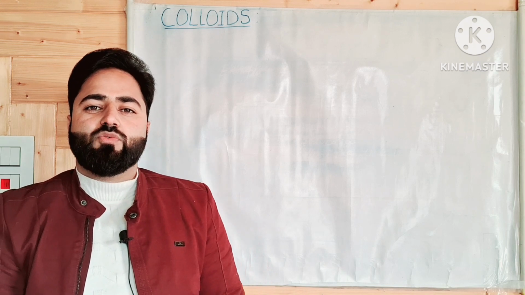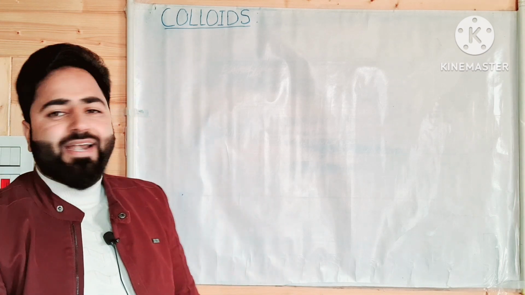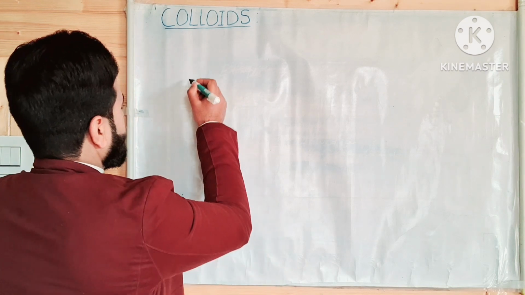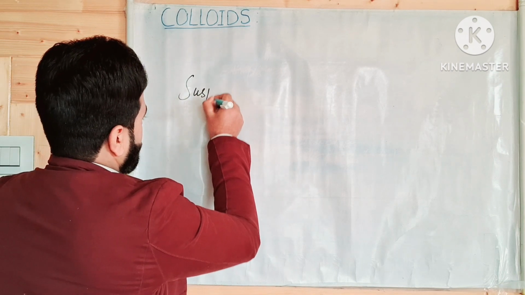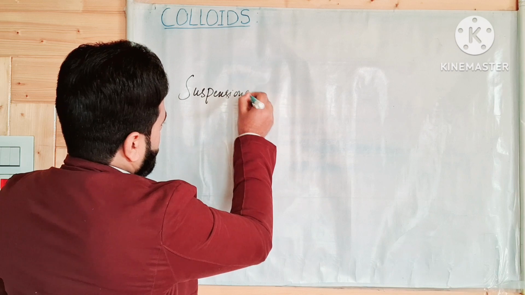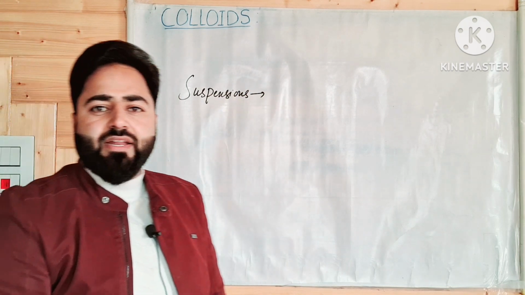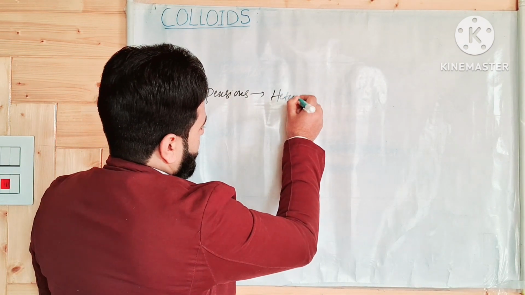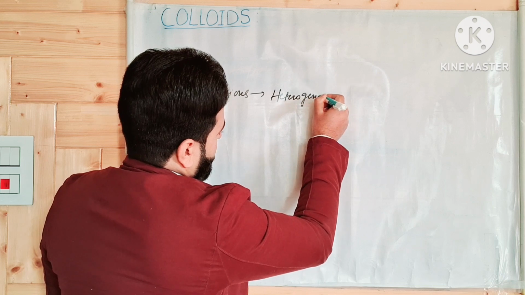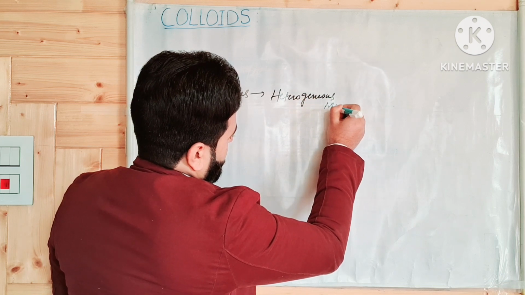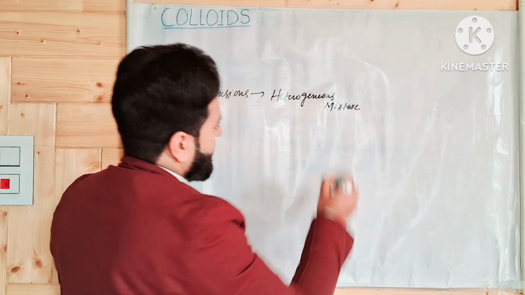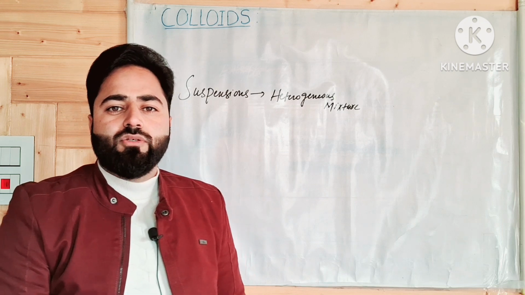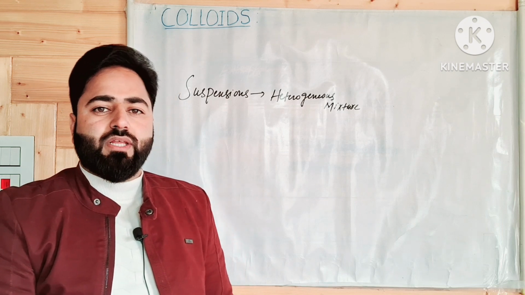Today we will discuss our next topic, that is colloids. In the previous lecture we discussed suspensions, where we learned that a suspension is a heterogeneous mixture where solid particles do not dissolve in a liquid.